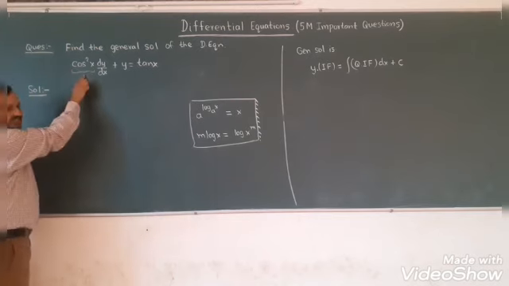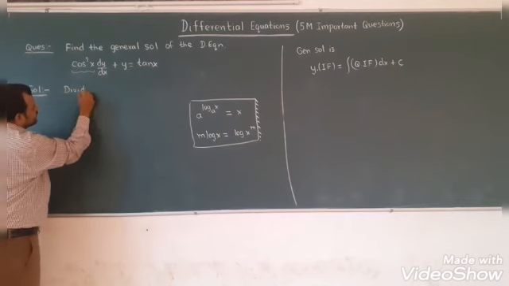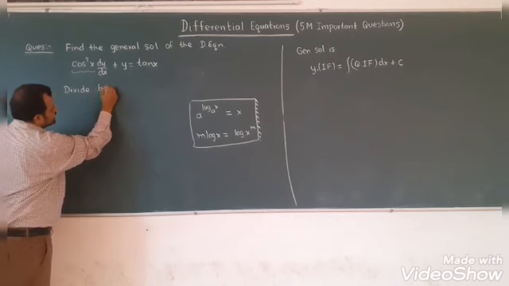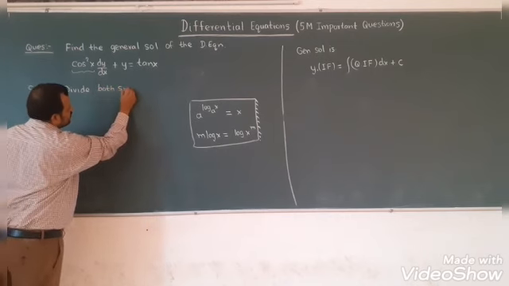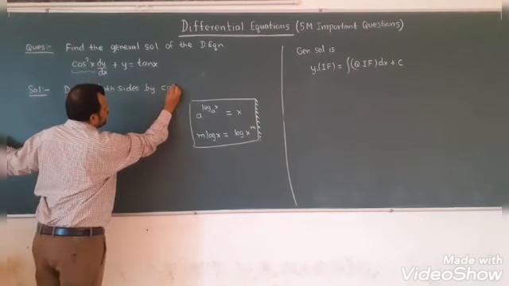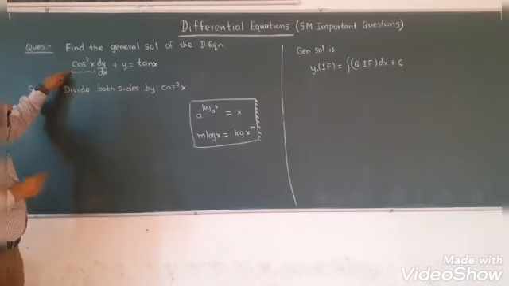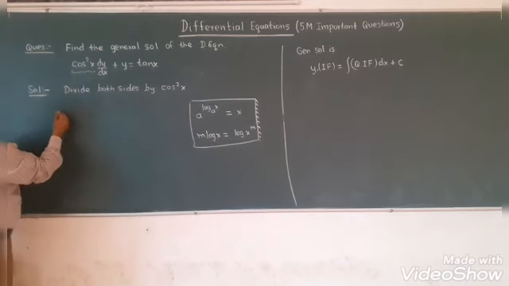So cos square x should not be here. So what I can do here is divide both sides by cos square x. Always the coefficient of dy by dx should be 1.